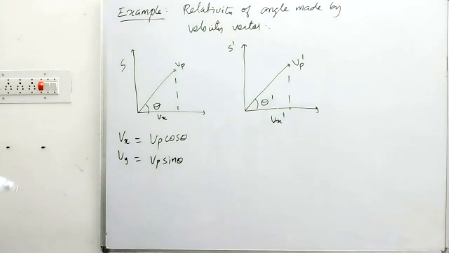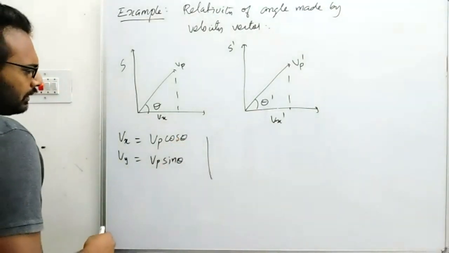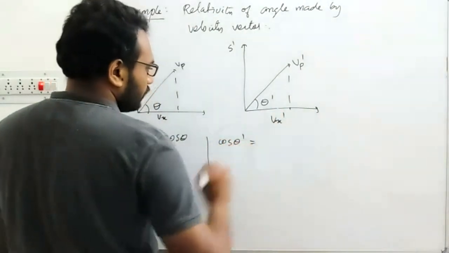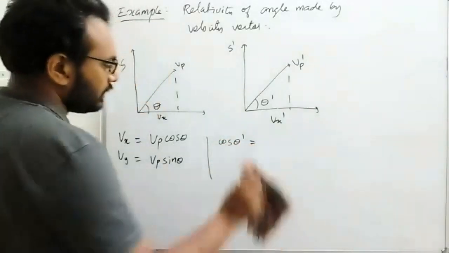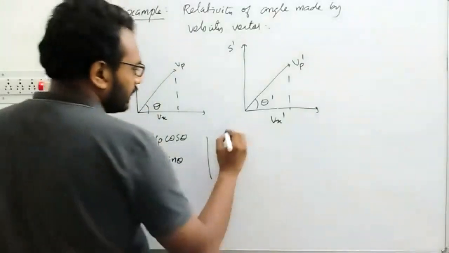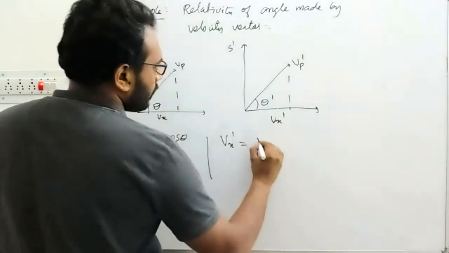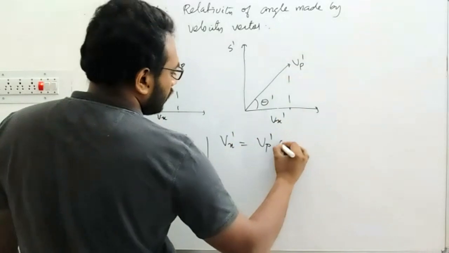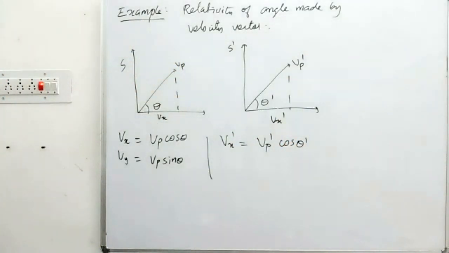Now, what about theta prime? Vx prime is equal to Vp prime, this is the component here, Vp prime cos theta prime. Vx prime is equal to Vp prime cos theta prime.